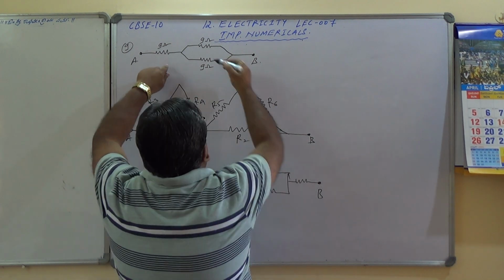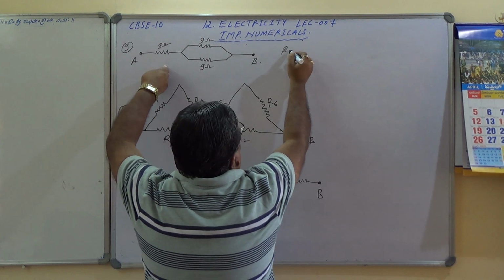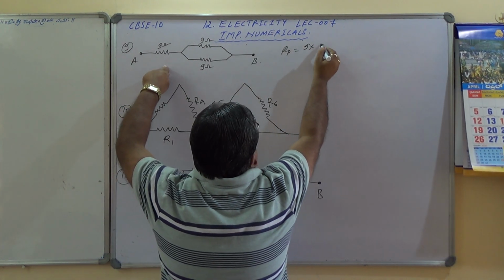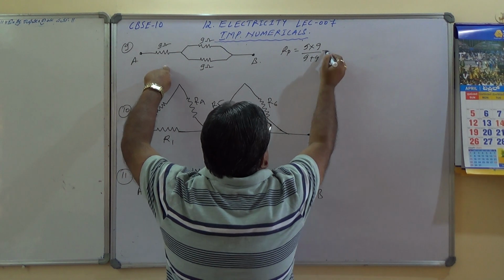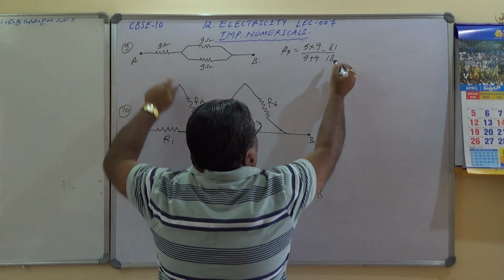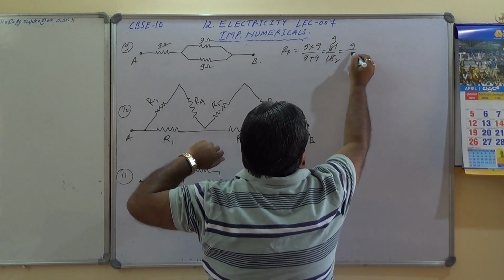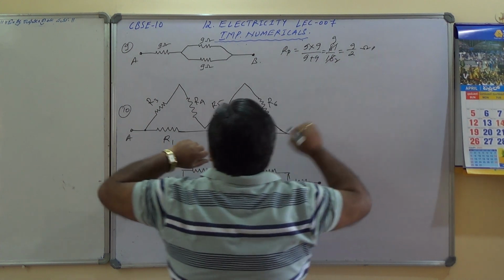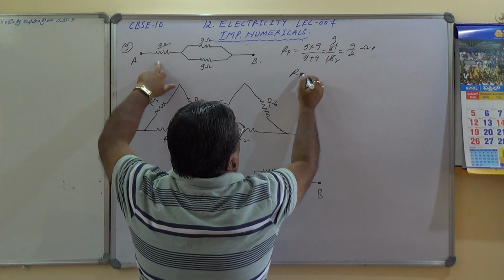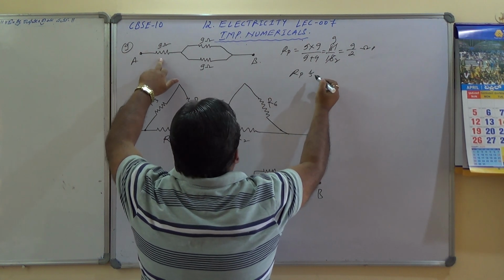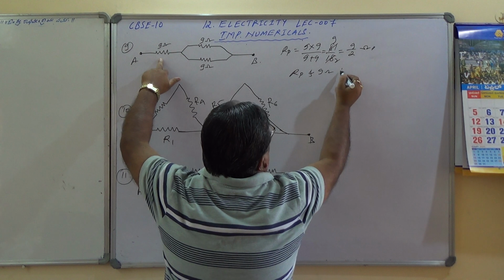See here, these two are in parallel combination. RP equals 9 into 9 divided by 9 plus 9, 81 divided by 18, which equals 9 by 2 ohms. Now RP and this one 9 ohm are in series basically.